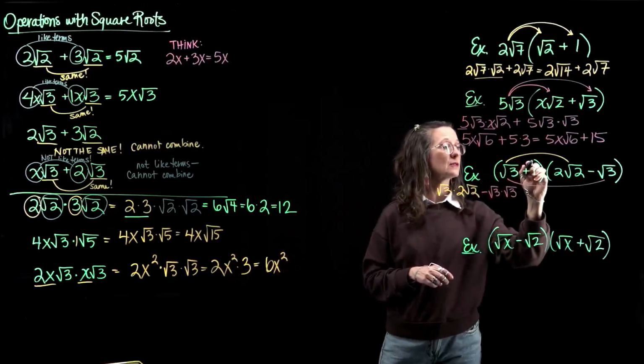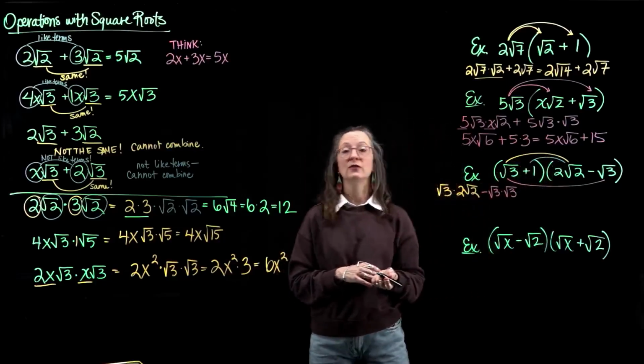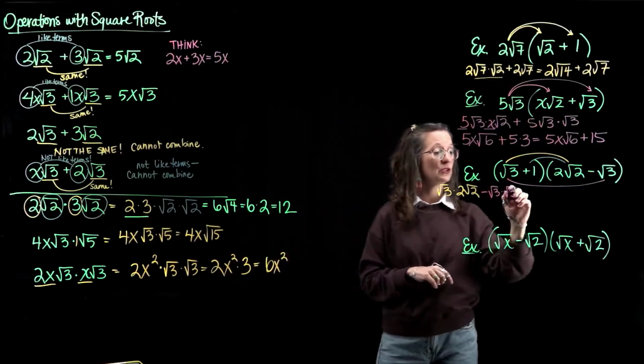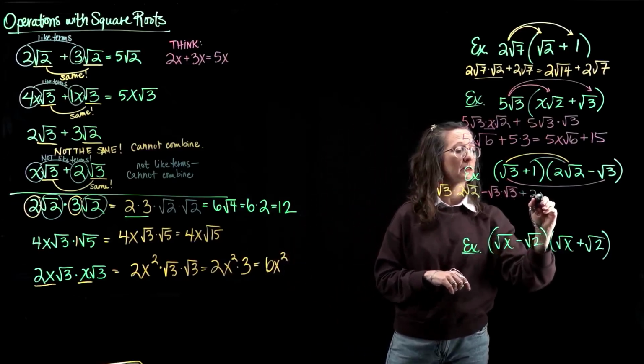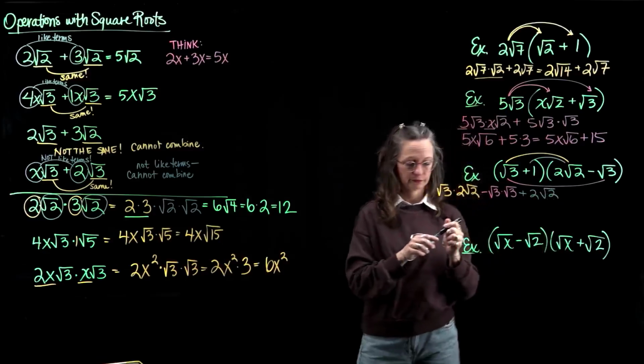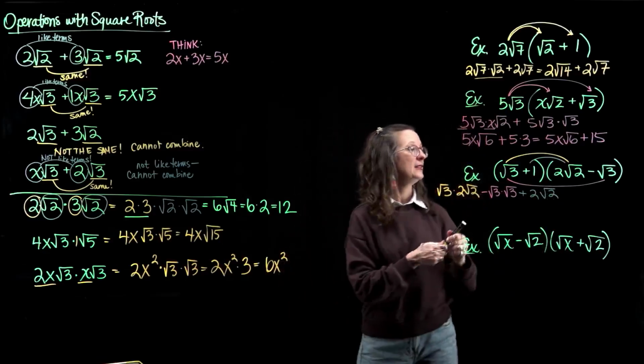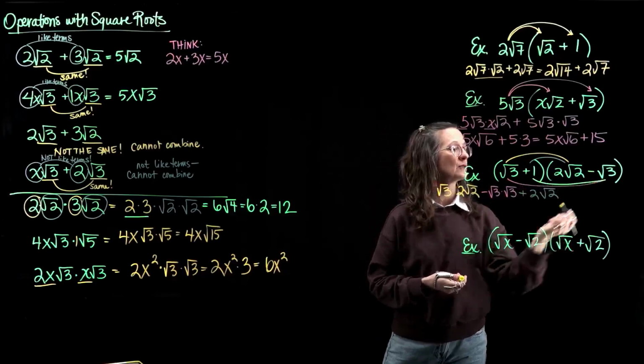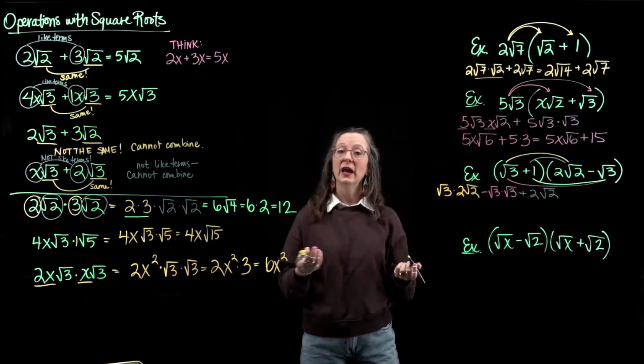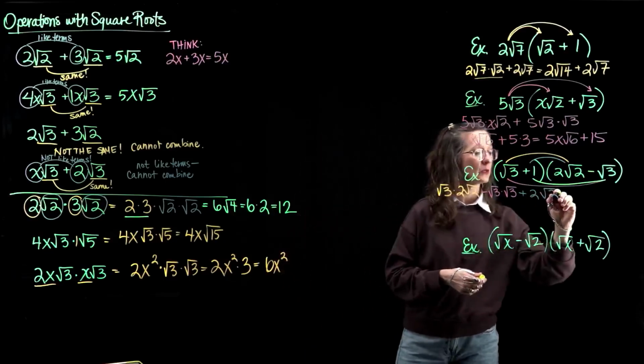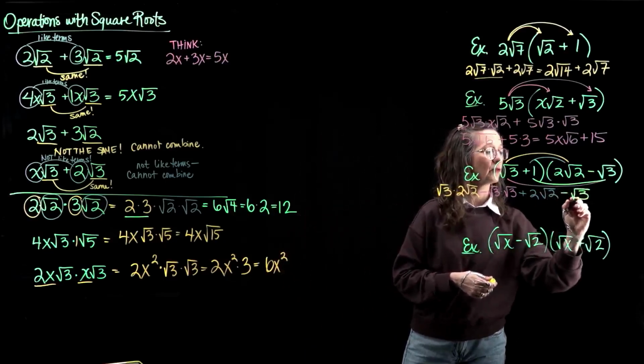Inside terms, positive 1 times 2 square root of 2. So this would be plus 2 square root of 2. And then last terms, 1 and negative square root of 3, which would be minus square root of 3.